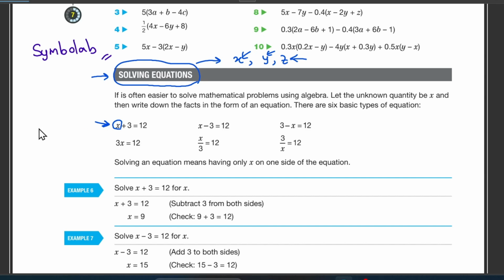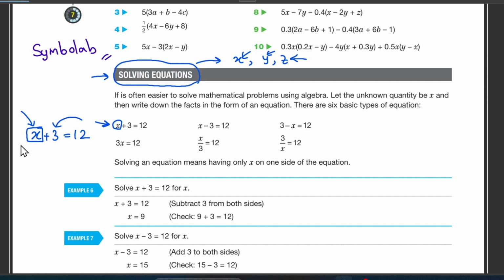So we can do it like this: x plus 3 equals 12. That's given. If we want to find the value for x, we have to isolate it on the left hand side. So we have to get rid of this 3.